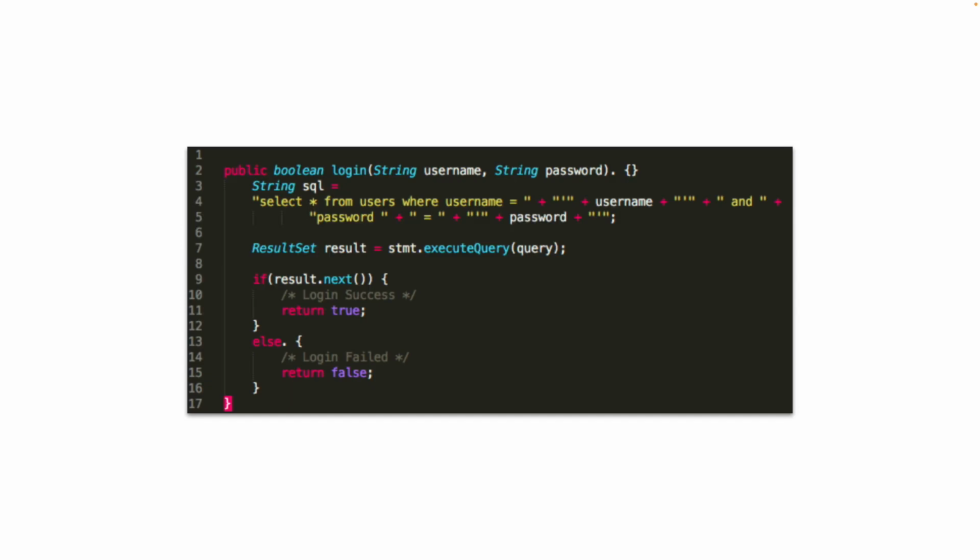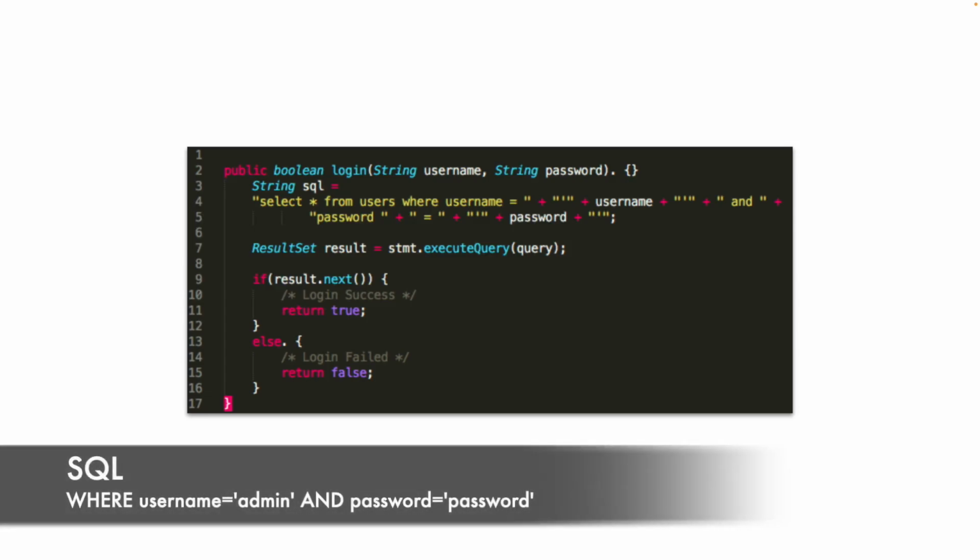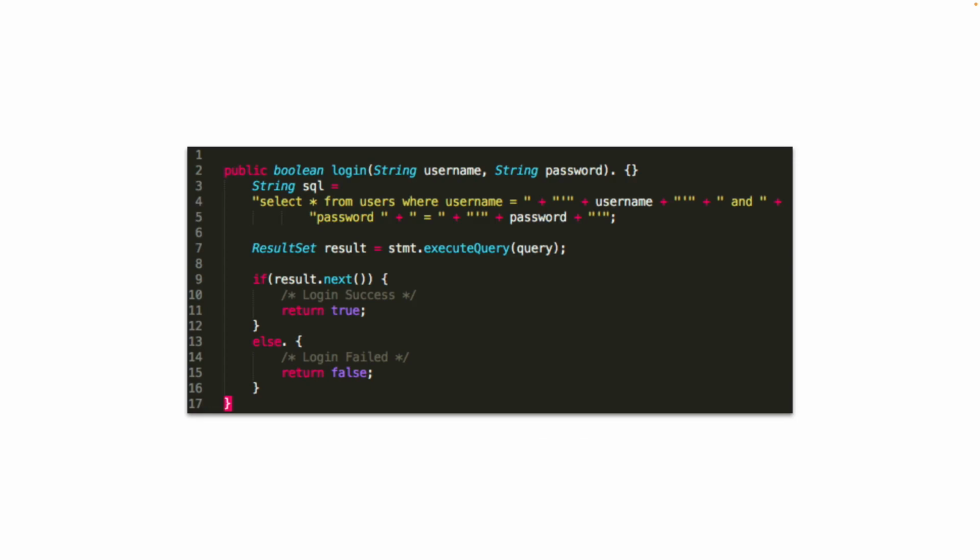And the same thing happens with the password, where you can see and the password equals, and then in between single quotes is whatever password is provided to this statement. This works provided that you're giving the application legitimate usernames and passwords.